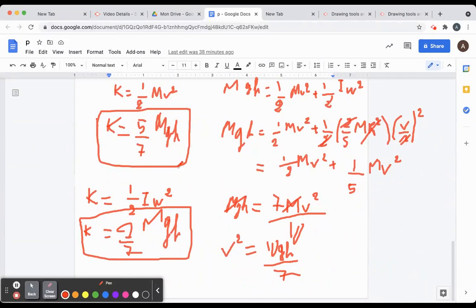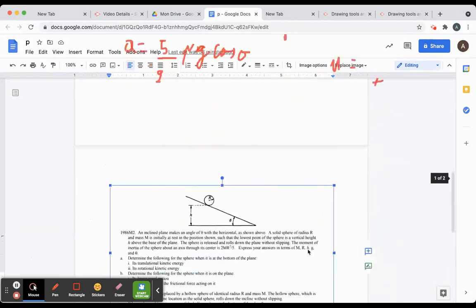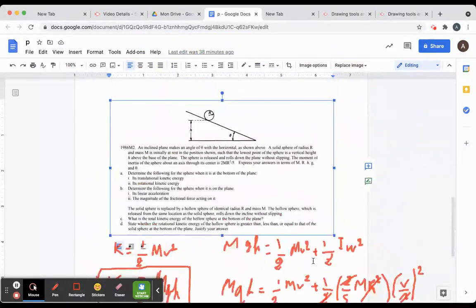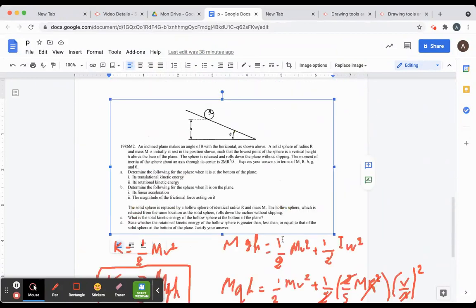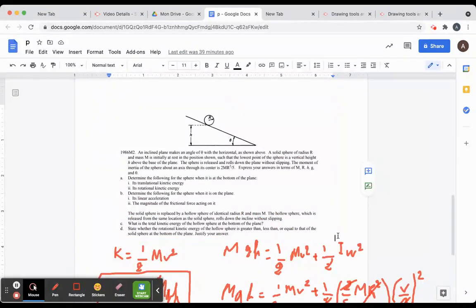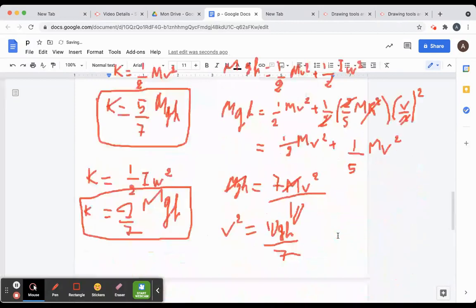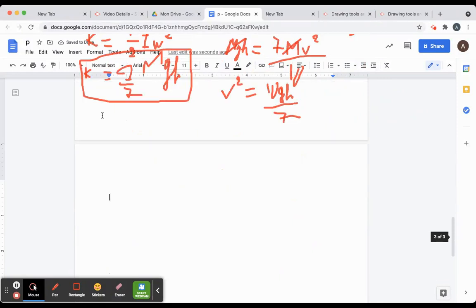So in order to find the linear acceleration, we can use again the torque formula as we did before.